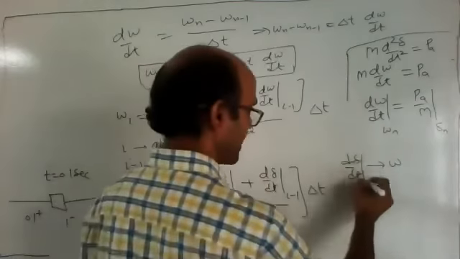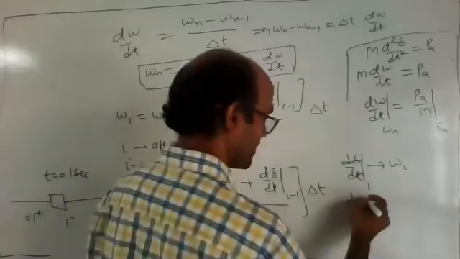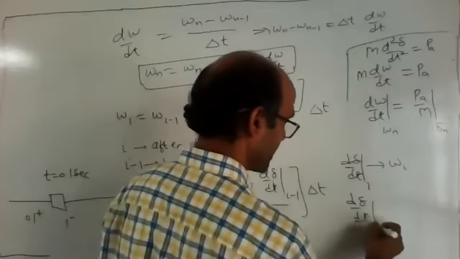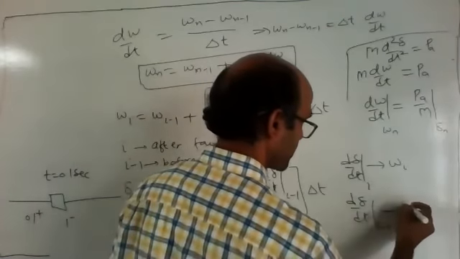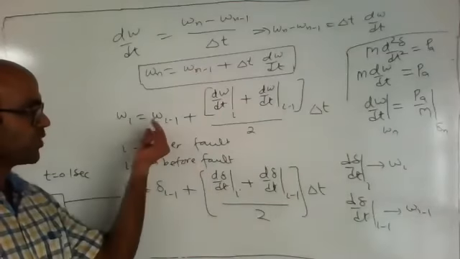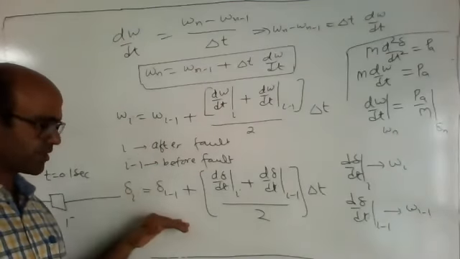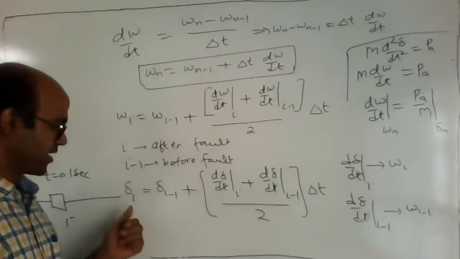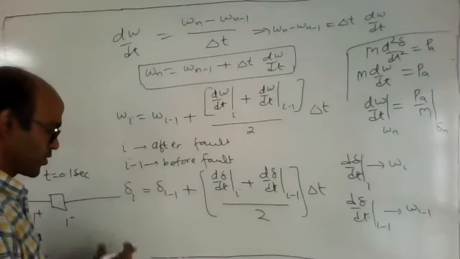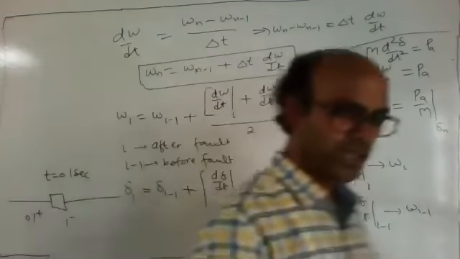If it is computed at the ith position, then this is omega i, and d delta over dt at the i minus 1 position is omega i minus 1. So these values you compute from here. After computing this, you use it here to find the torque angle. After finding this, we can plot the torque angle.